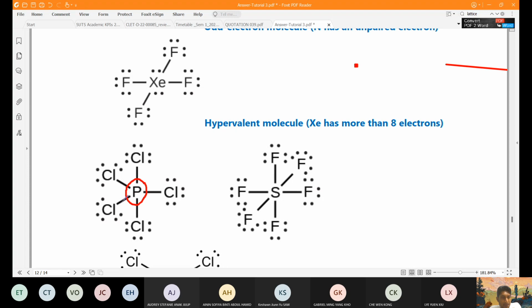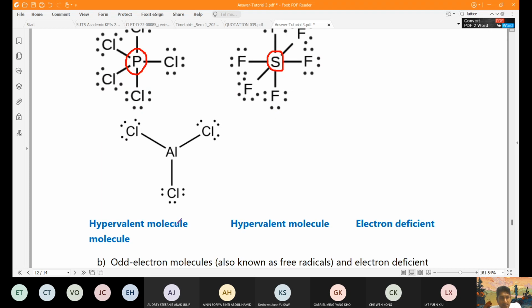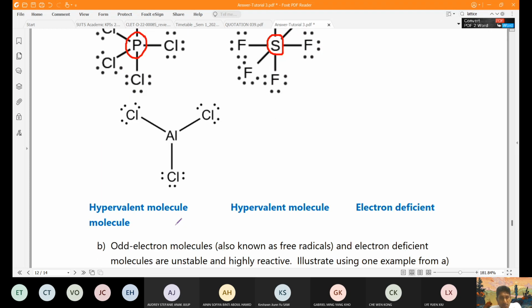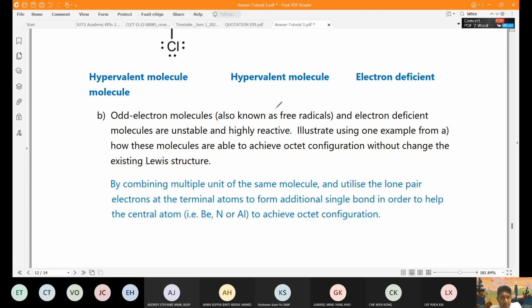It doesn't mean that it always will, but sometimes phosphorus trichloride is also prepared. Sulfur hexafluoride as well; in this case, sulfur has 12 electrons. Aluminium is the electron deficient molecule, right? And this is the odd electron.